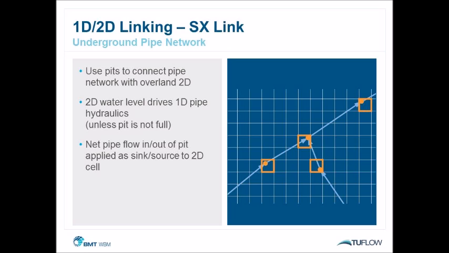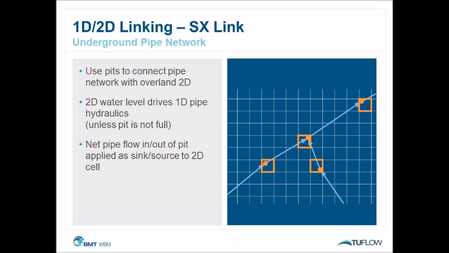The other main use of the SX link is to connect your entry points to your pipe network system. We call them pits or drains, or gully traps, a few terminologies. And these are quite well suited to the SX link. Effectively you'll have 2D cells that are connected, and the pit has an elevation, like a spill level.